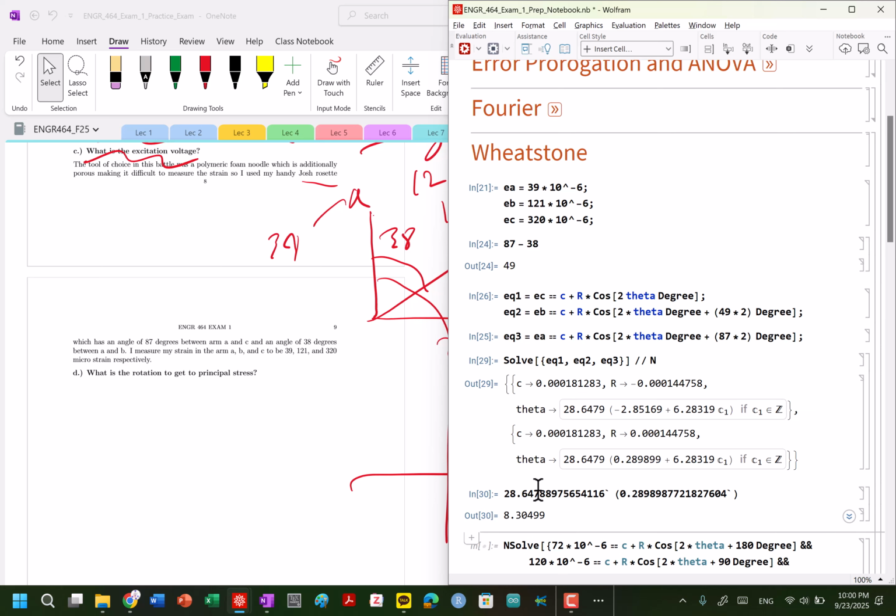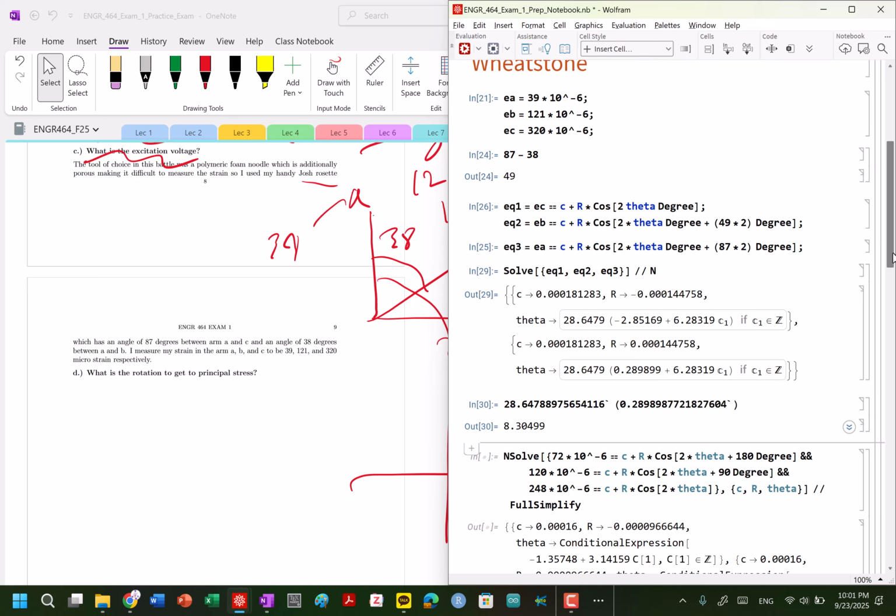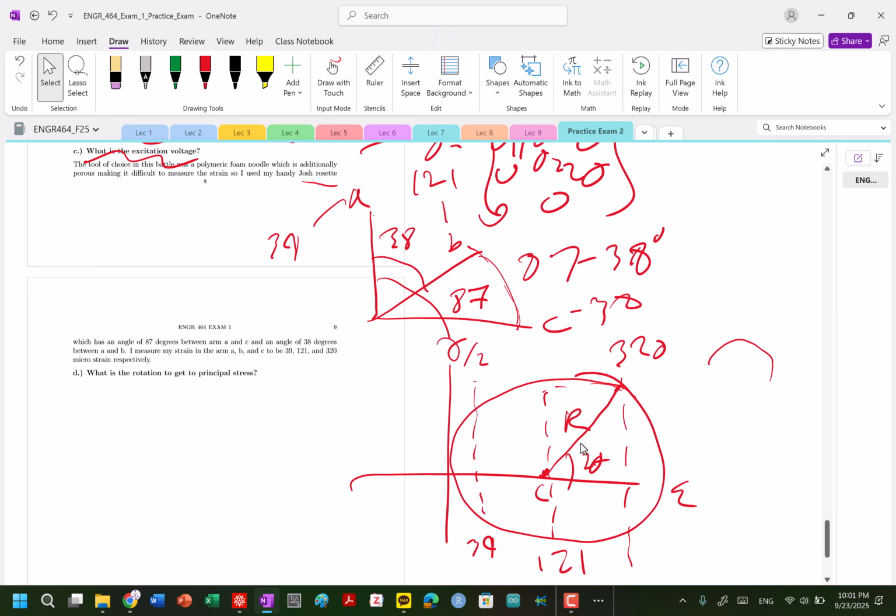So that's that theta angle, and 2 theta will be twice that. But that is essentially the rotation to get there. Fantastic. Yeah, the A and C is 87. So that's pretty much all. That's the rotation to get to that principal stress. So if this is the angle, you'd rotate basically in this direction to get there.